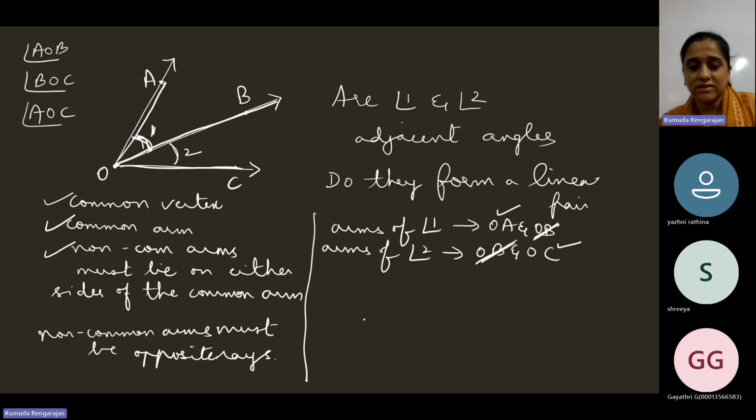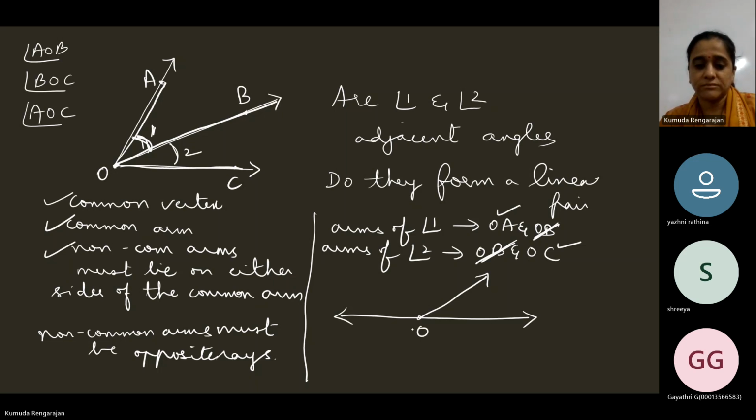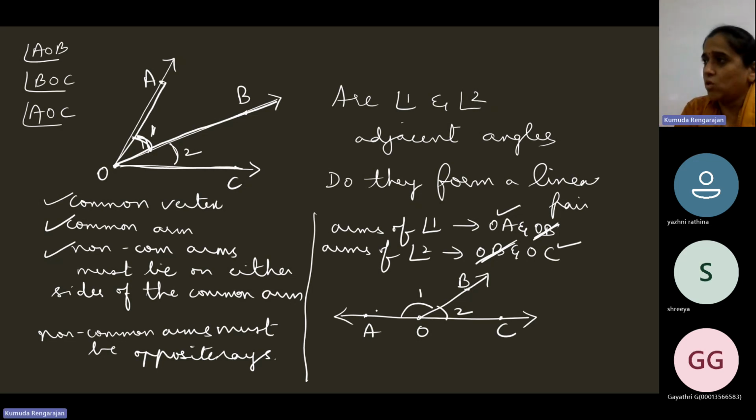So it should be like this. AOB, BOC, angle 1, angle 2. Correct? Now see here, common vertex O, common arm OB, non-common arms OA and OC, they're opposite rays.